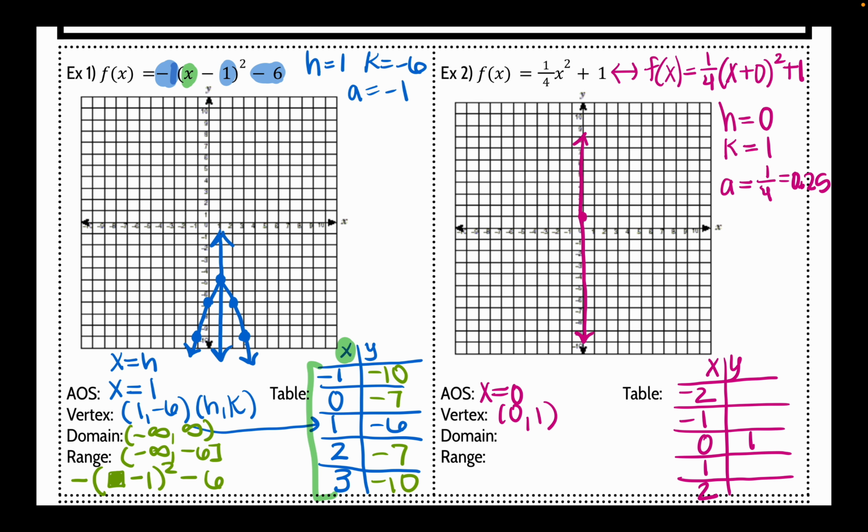Now type that in your calculator. So in your calculator again, remember, just think of your x as your little placeholder for what you're going to type in. So you could do 0.25 times -2 in parentheses squared plus 1, then 0.25 times -1 in parentheses squared, and just fill your numbers in.